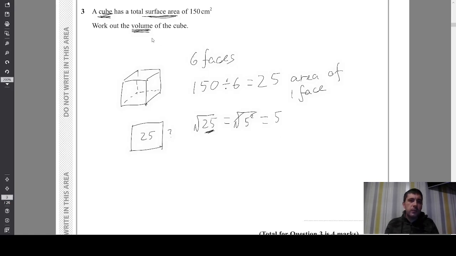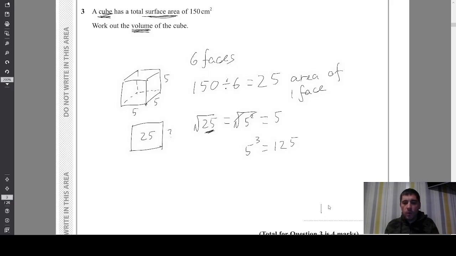Now it's a piece of cake, so work out the volume of the cube. So volume is all dimensions multiplied together. So we've got 5 times 5 and multiplied by 5 one more time. So 5 to the power of 3, and we get 125 centimeters cubed.